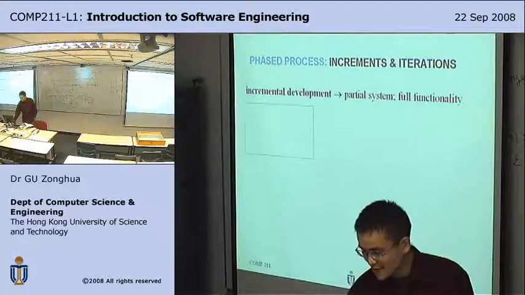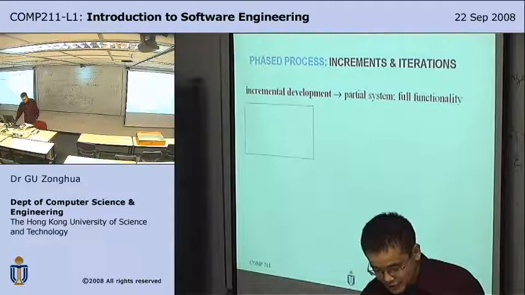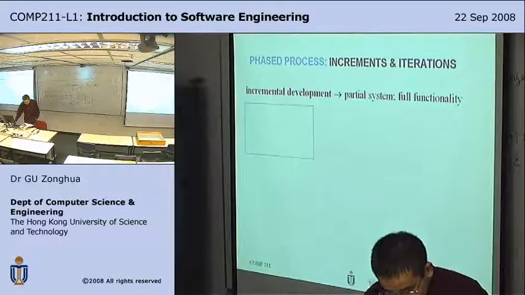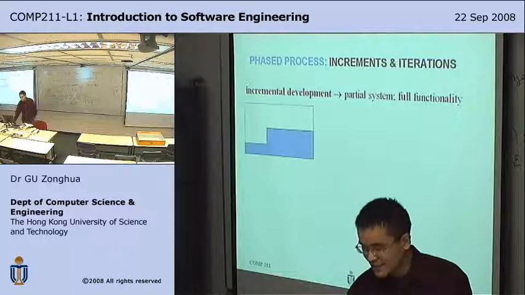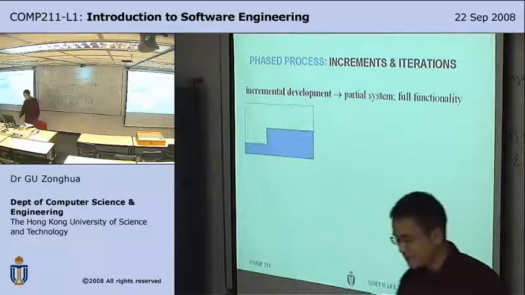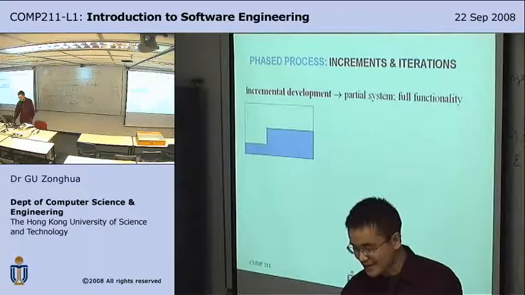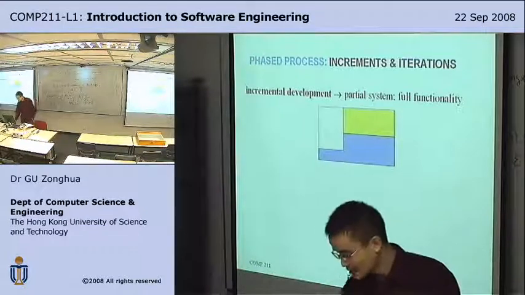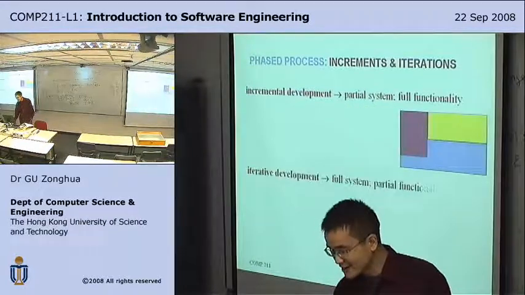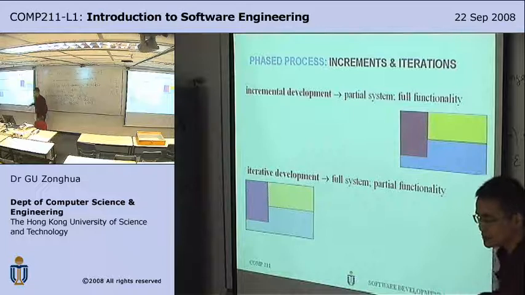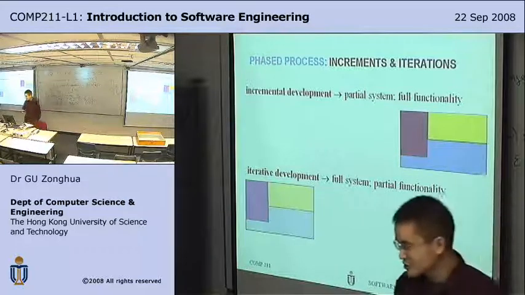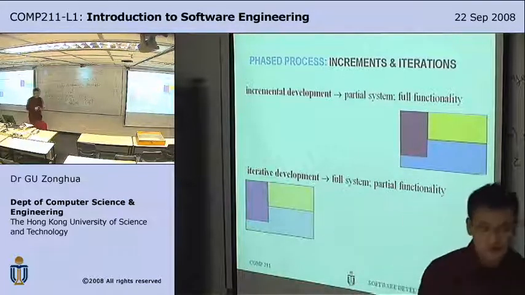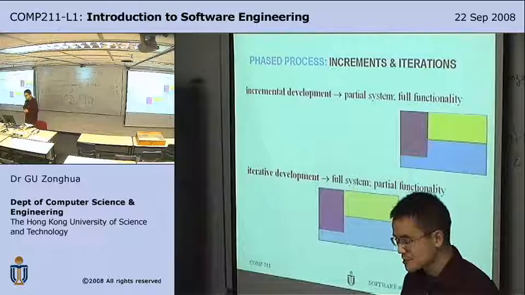Okay, something wrong with the animation. So anyway, you deliver part of the functionality first, say the blue part, for the first release, and then in the second release you add a yellow part. That's good. And finally you add the red part. So every time you deliver a partial system, but this part works fully. This part completely works.